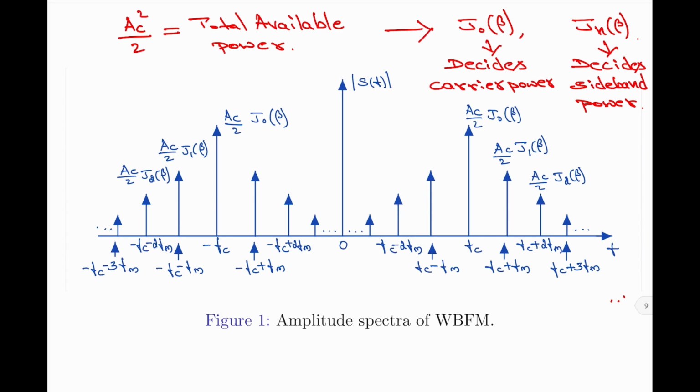So, we can say that if you want to compute the values of either the carrier or the sideband power in FM, we should know the values of the Bessel function coefficients.